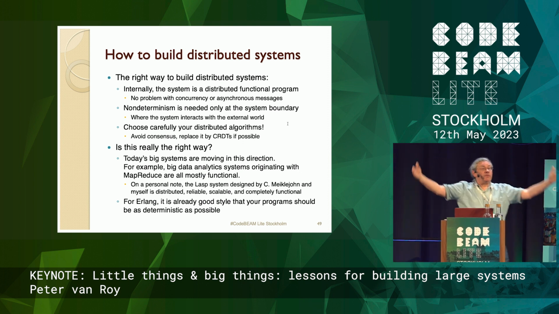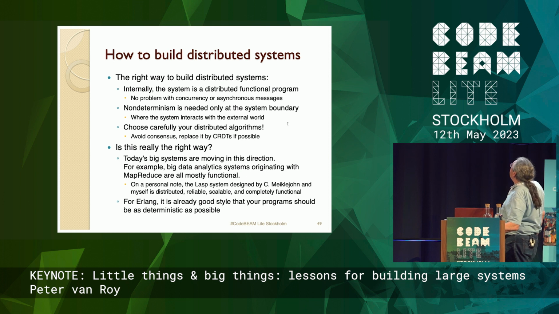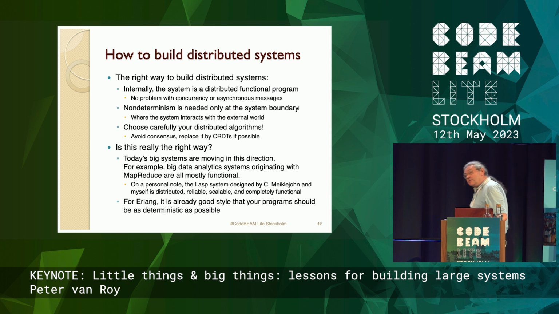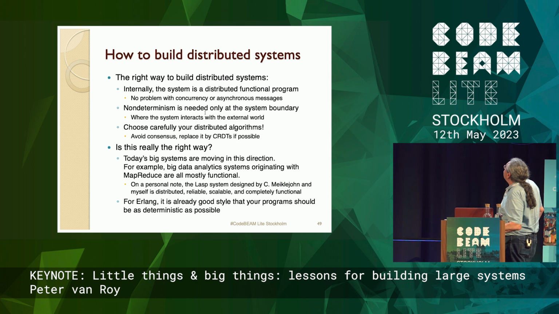So the whole part of the system, spread over many nodes, that you develop is a functional program. And I think with a little bit of discipline, that's actually quite easy to do in Erlang. You just have to make sure your message patterns are deterministic, okay? Of course, choose carefully your distributed algorithms. So my view is avoid consensus.